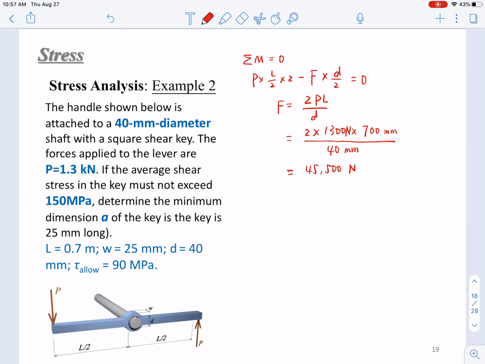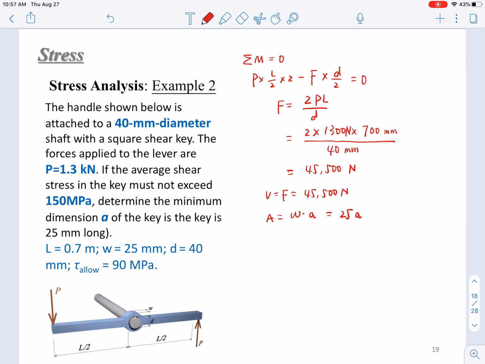And as we have analyzed, the shear force V in the shear key will be the same as this F. That will be 45,500 Newton. And the area A is just W times A. And the W is 25 millimeter. 25 millimeter times A. This is the expression of this area.